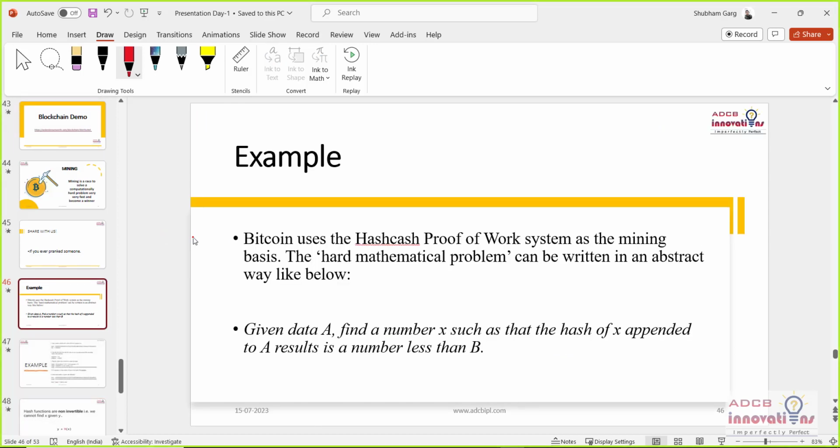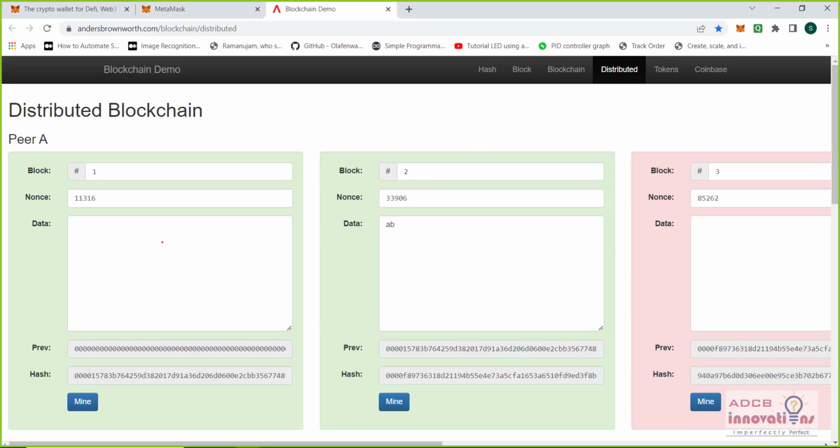Now, talking about the computationally hard problem, what is this? It can be understood this way.